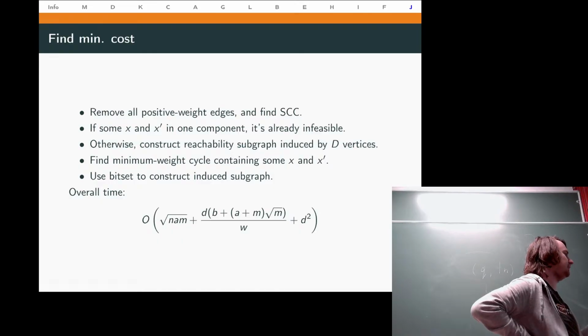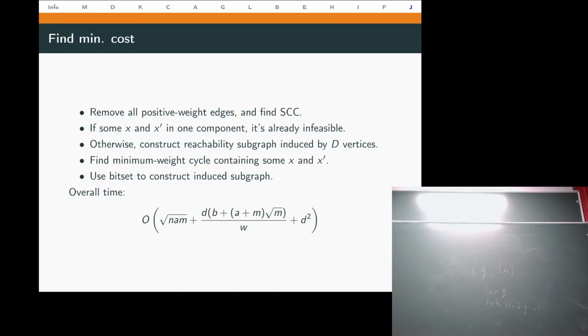Otherwise, what we need to do is add back some of the positive weight edges in such a way that there would be some cycle that will contain some pair of vertices x and its negation. So what we do here is we consider a subgraph, the induced subgraph, that is induced by only vertices that we created for the constraints of type D, because we will only be adding new edges between these vertices.